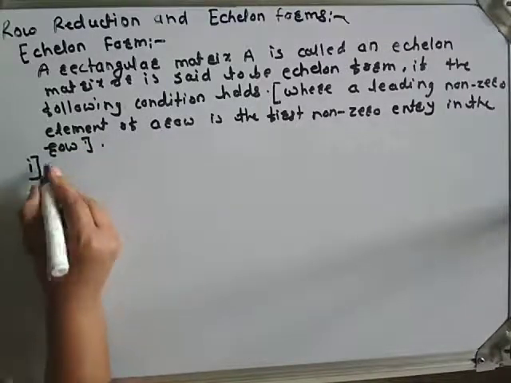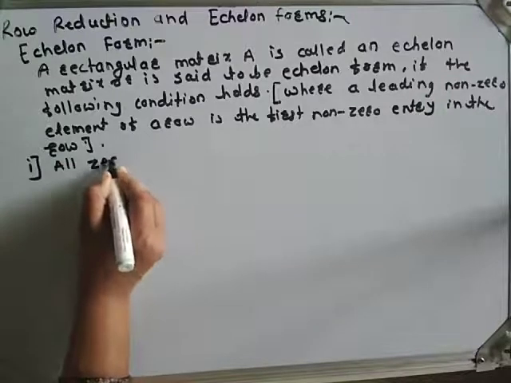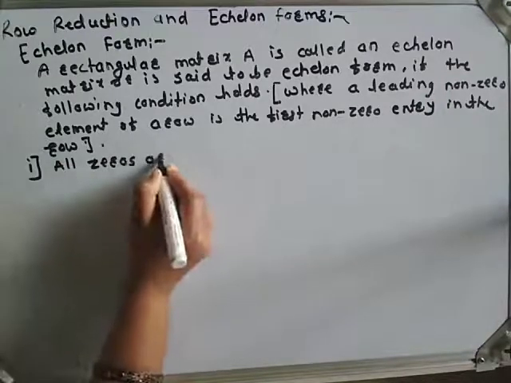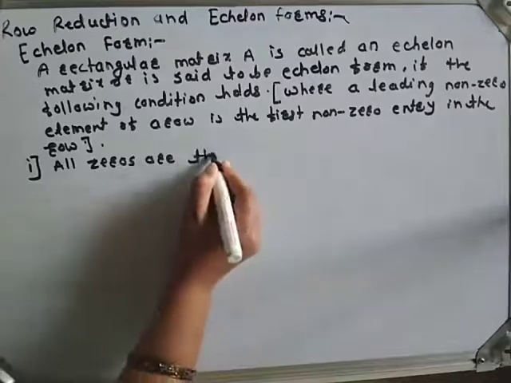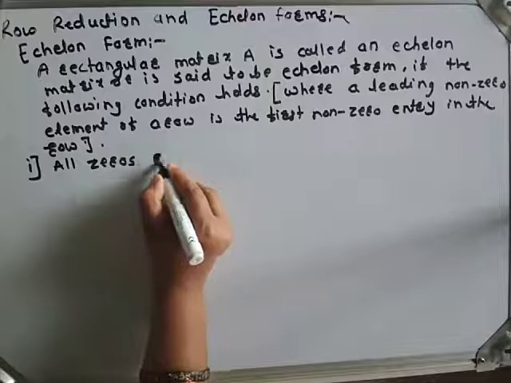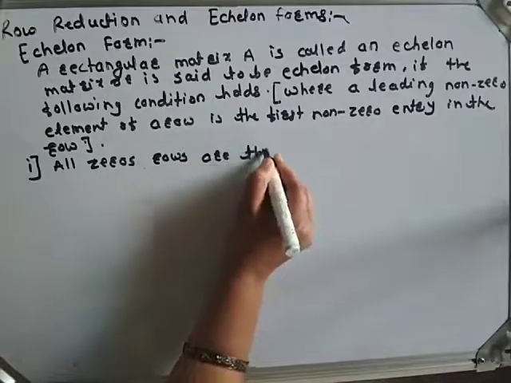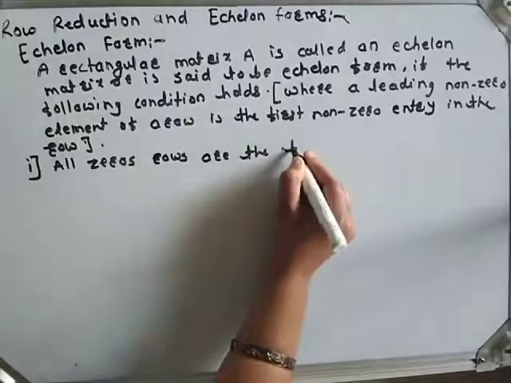First condition is all zero rows are at the bottom of the matrix.